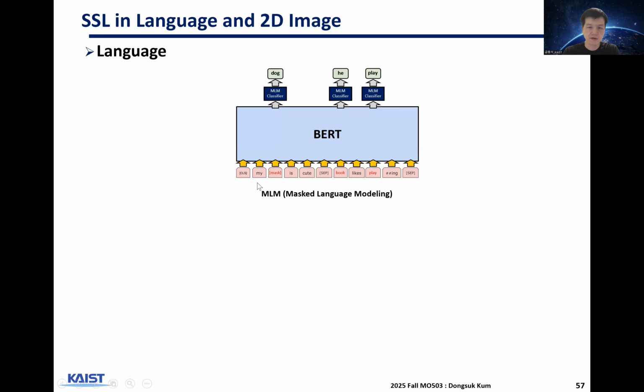By masking some words, you can pre-train the model, the feature extractor backbone, and then you can add some downstream task to fine tune and adapt to get the output you want. And this turns out to be very successful. And this is called masked language modeling.